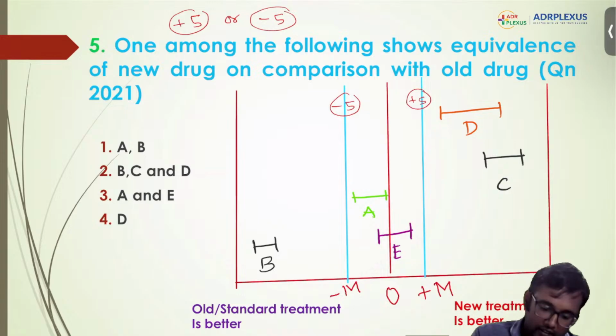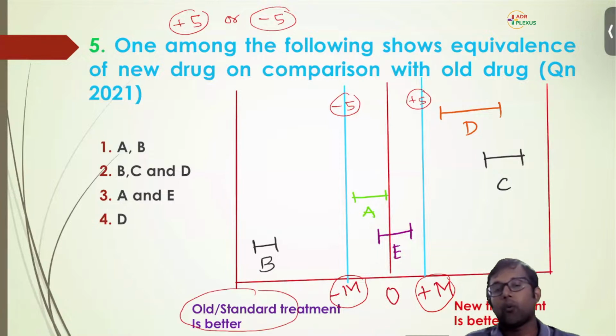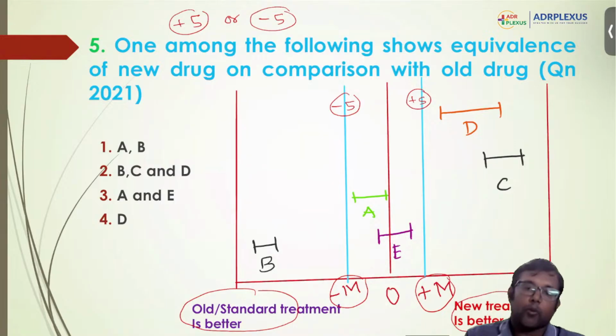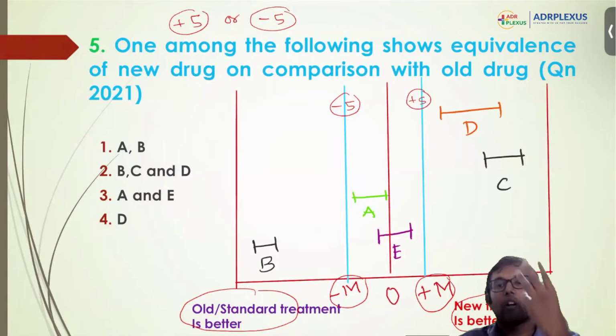Here, within the margin of the difference, we are comparing a new drug with an old drug. Maybe the old drug is paracetamol, and now we are introducing a new drug, like Abhishek Sharma mol, for fever.